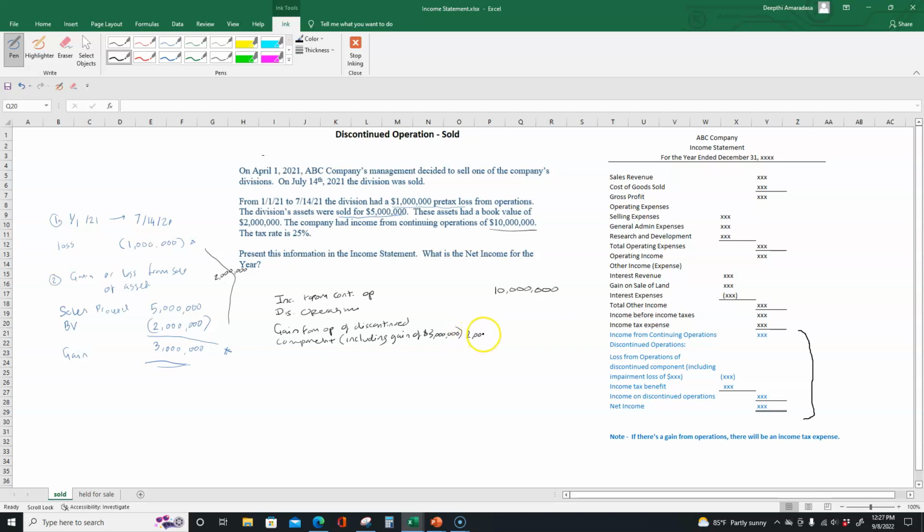We're going to indent that. Again, that says gain from operations of discontinued component, including a gain of 3 million.